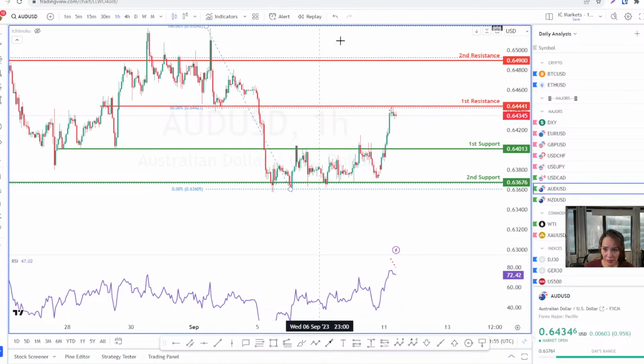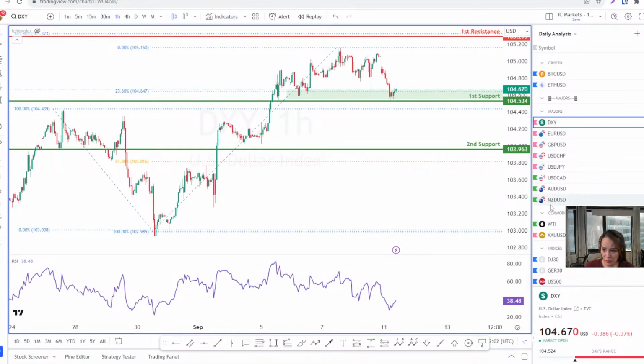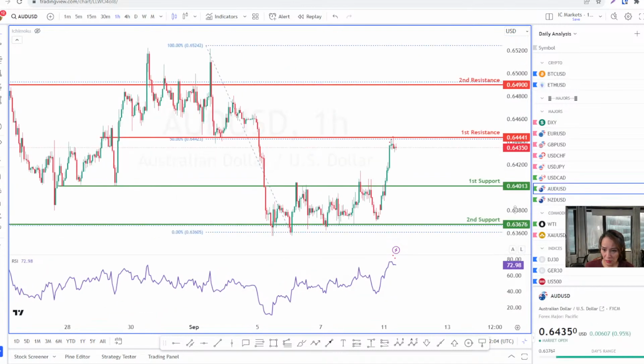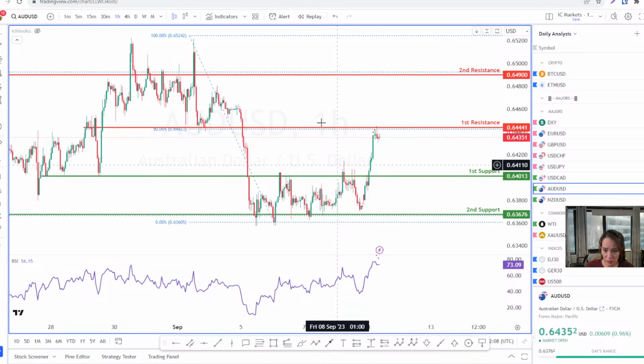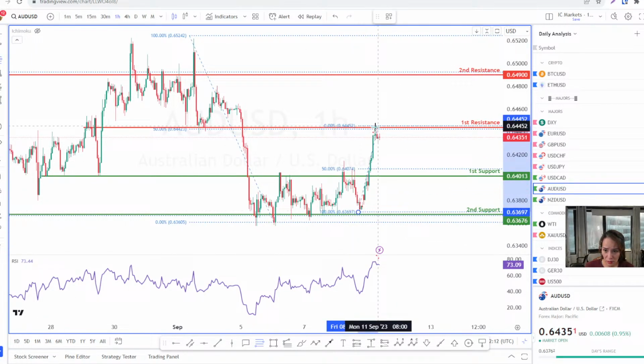So basically, since the DXY is rising, potentially AU should be falling, until here. But if you look at H1 and draw Fibonacci levels, the first support in H4 should be around the 50% level, somewhere here.